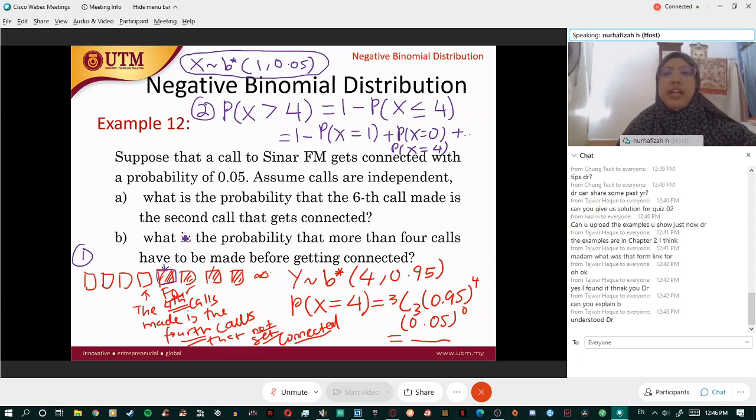So you can still get the same answer. Either you find the probability around here or around here. You still get the same answer, but the first one would be much easier and much faster. Okay, understand everyone?